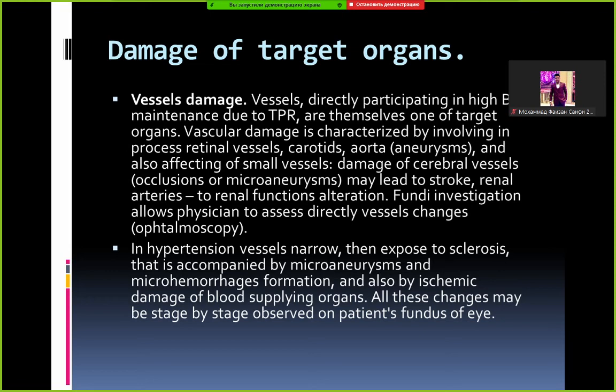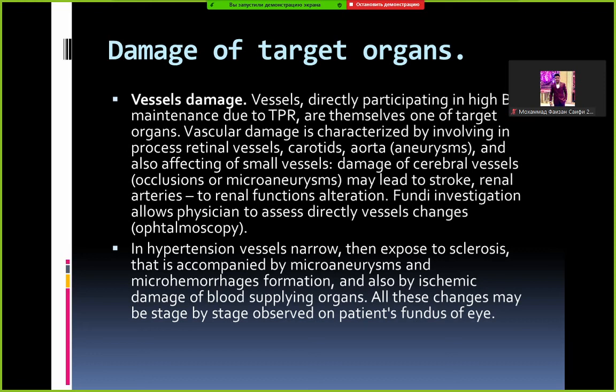Vascular damage is characterized by involving in process retinal vessels, carotids, aorta, and also affecting of small vessels. Damage of cerebral vessels, occlusions or microaneurysms, may lead to stroke. If renal arteries are damaged, it will lead to renal functions alteration.